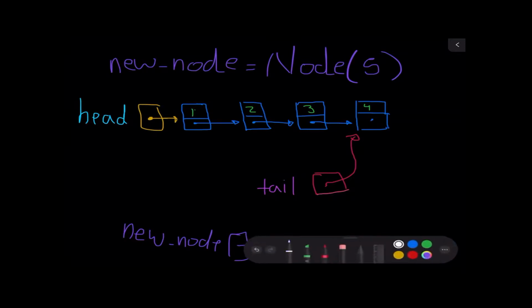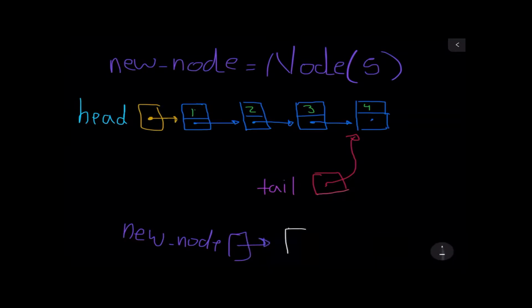Let me change the color. Now, what we can do is, Tail accesses the field next and assigns the field next to point to the node that new node is pointing to. And that's it. All right, now we have an idea how we could do that. So let's go ahead and write it in code.